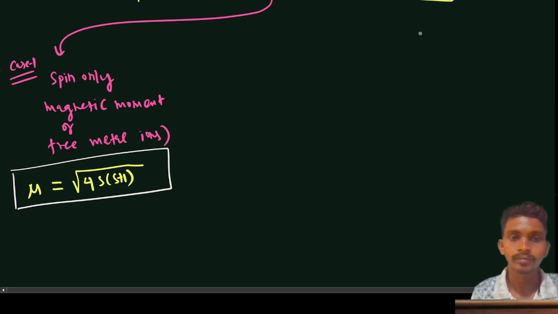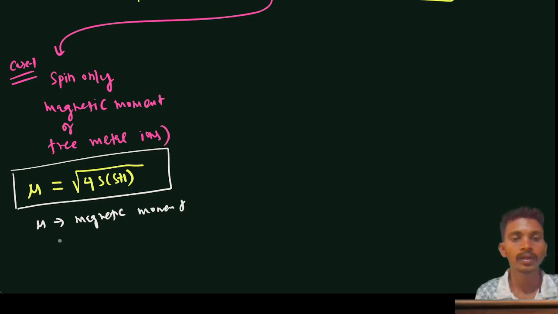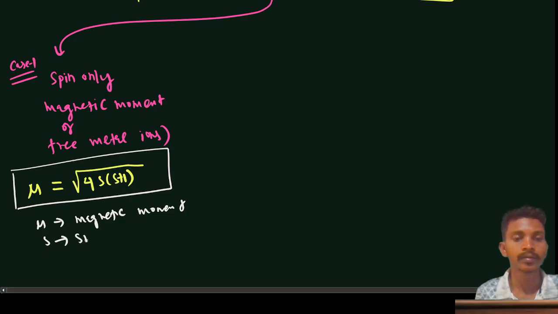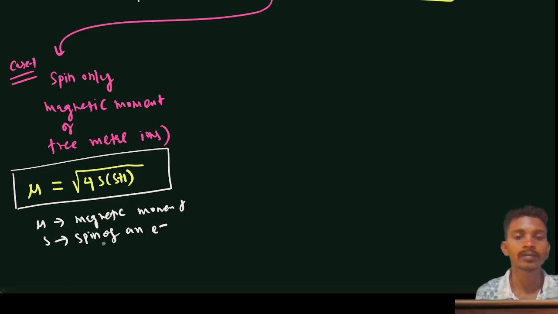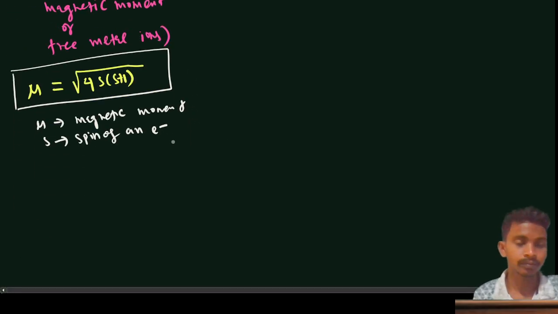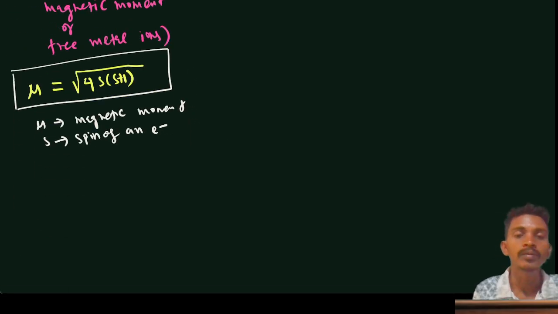Now what do you mean by that? Mu is the magnetic moment, and S is the spin of the electron. Now we can simplify this and see some other formulas of spin only magnetic moment.